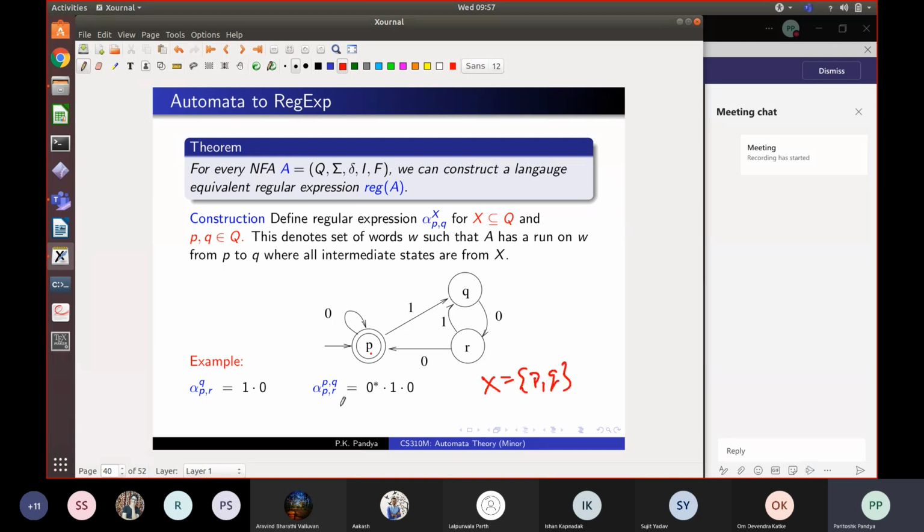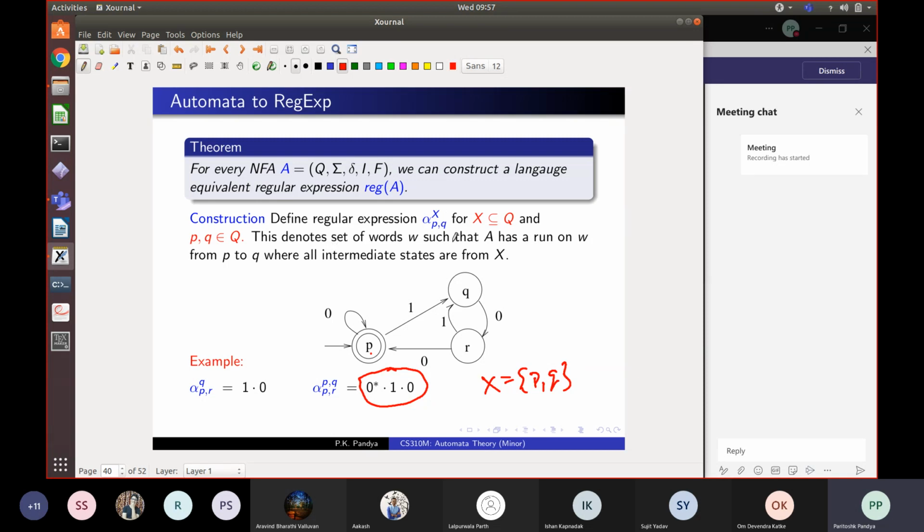My start state is P and the last one is R. So we'll see how to calculate the corresponding regular expression. And what does alpha of PQX denote?